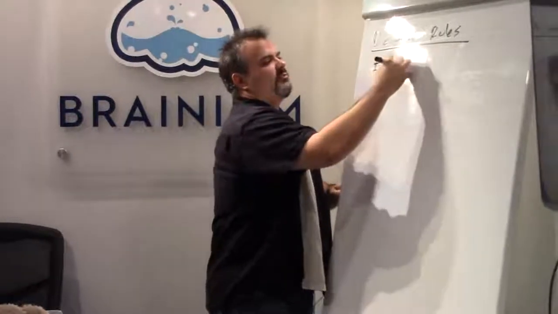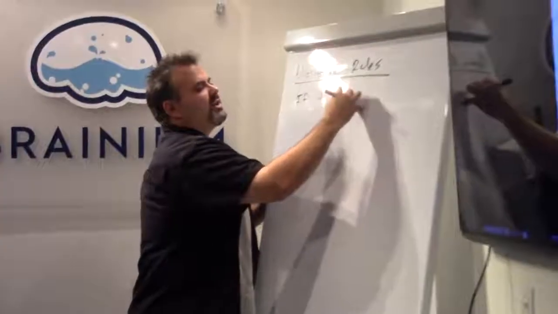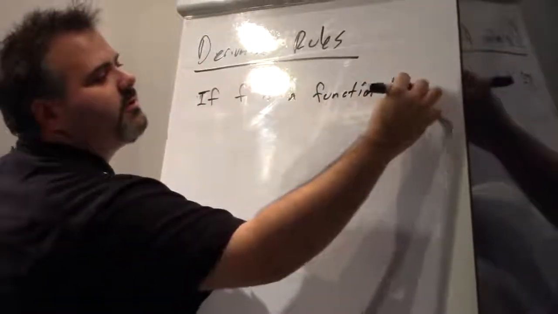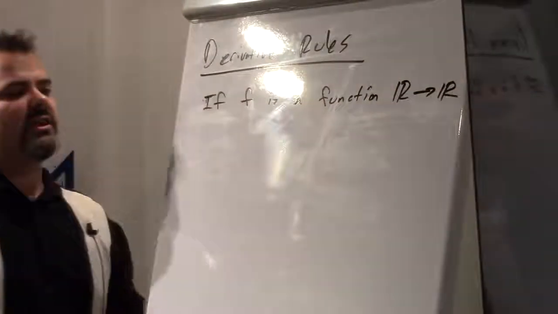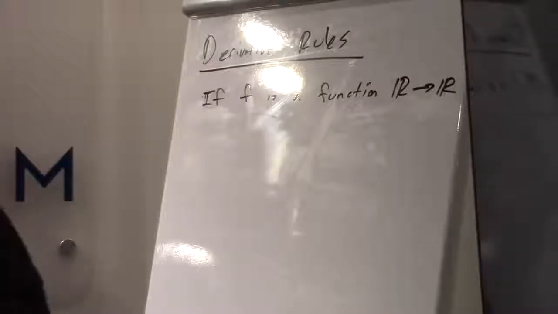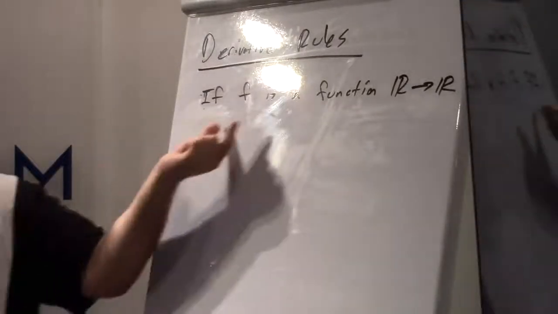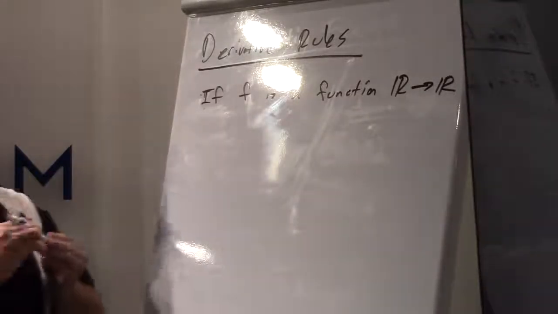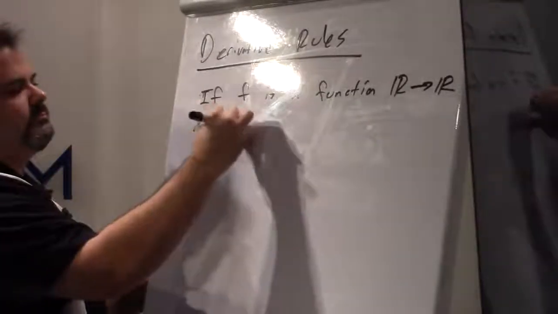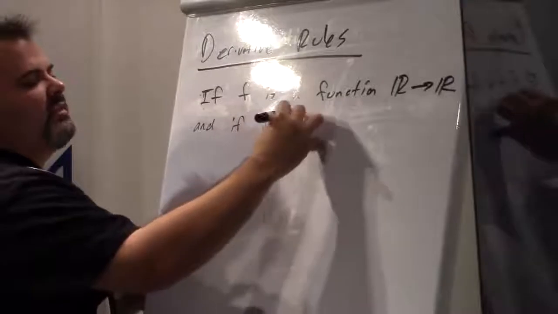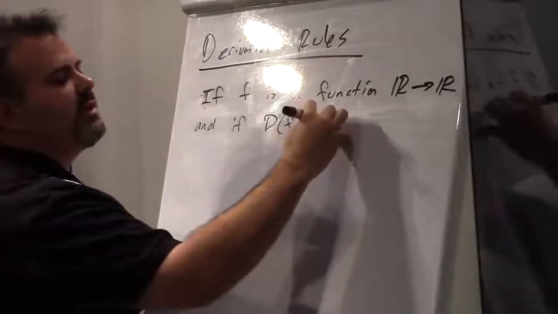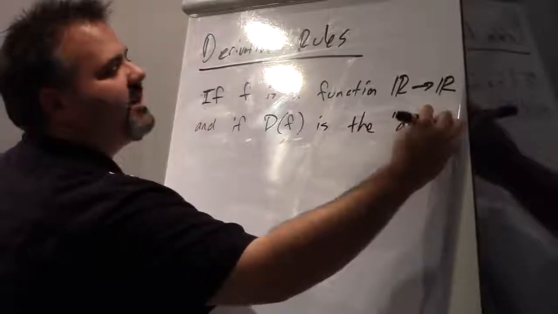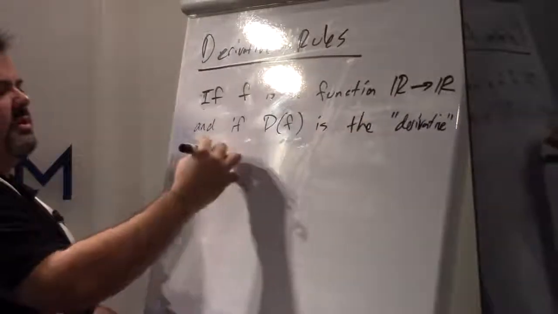Let's say f is a function, and when I say function, I don't mean a Haskell function, but a mathematical function where you plug in a number and you get a number. Okay? And let's say df is the derivative of f.